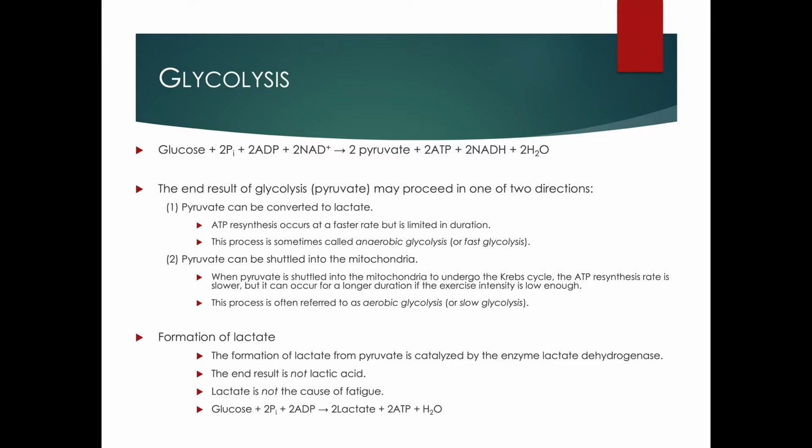Okay, it says the formation of lactate from pyruvate is catalyzed by the enzyme lactate dehydrogenase. The end result is not lactic acid. Remember this though, it's an isoform of lactic acid. So lactate is what we actually produce. The reason lactate is being produced is because glycolysis is working at too fast of a rate. So you have a buildup of pyruvate and a buildup of NADH.